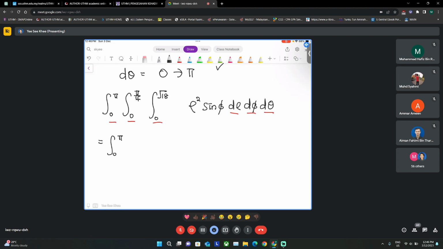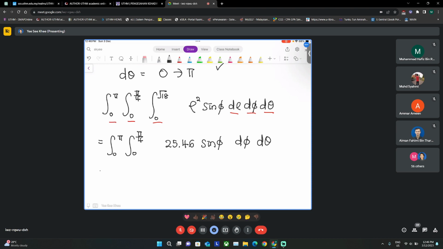0 to pi, 0 to pi over 4. For this one you can press the calculator. So you get 25.46, something like this. The sine phi you can just leave here because it is a constant in this case.